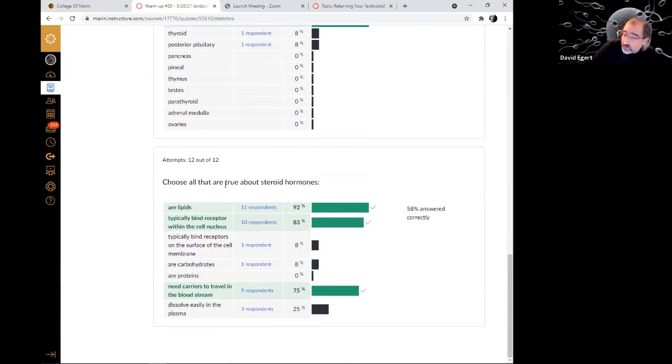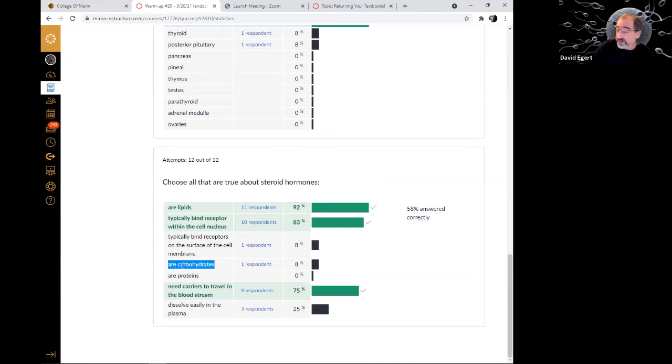This one was about steroid hormones. The core of it is that they're lipids. Remember, they're derived from cholesterol. Once you know it's a lipid, then you know that it's not going to dissolve easily in the plasma. That was the whole point about fats not dissolving in water without help. So they're the ones that need carriers to travel in the bloodstream.